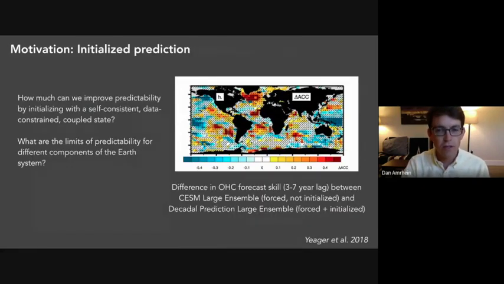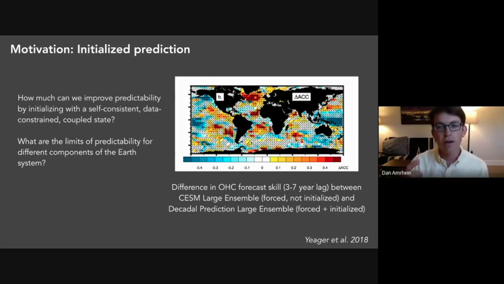A second motivation for ocean state estimation or data assimilation is initialized prediction. And here I'm showing a figure from work on the decadal prediction large ensemble, DPLE, which is showing a difference in forecast skill for upper ocean heat content between the CESM large ensemble, which is just forced by boundary conditions, but not initialized to a particular state, and the DPLE, which is both forced and initialized.